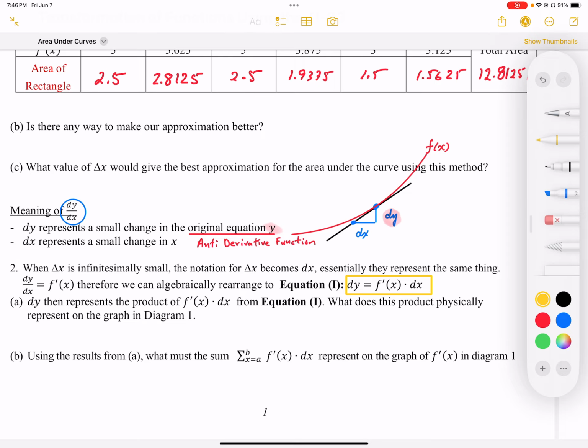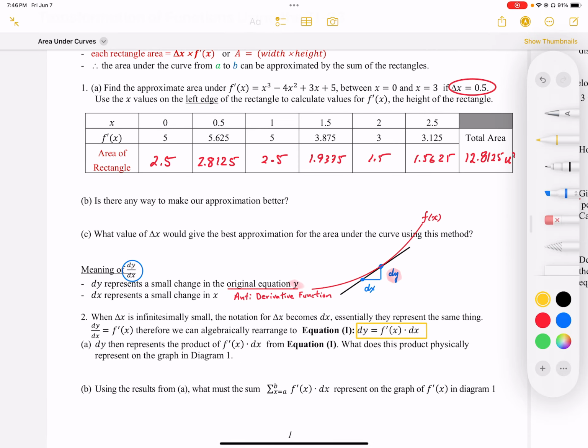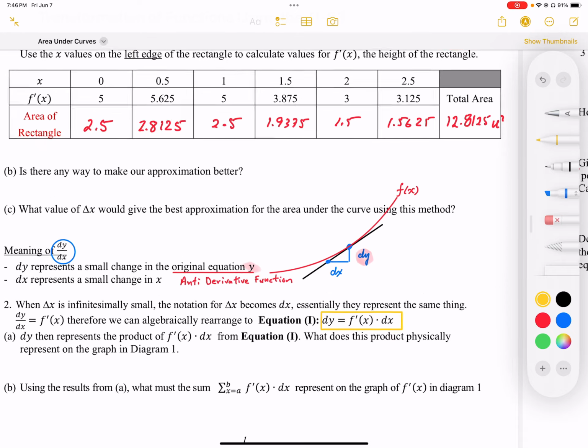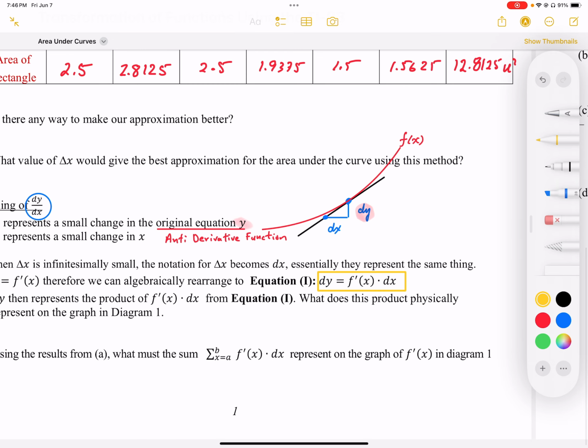Now, if you recall, when we talked about area, we're talking about the height of the f prime graph times the delta x. Well, that means that this is our height, this is the width.